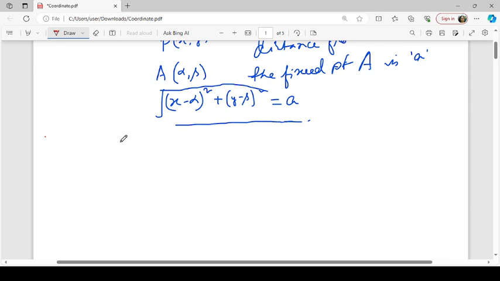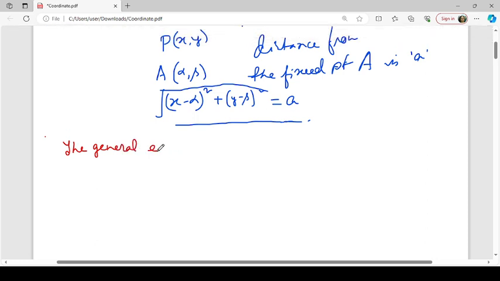So the general equation of first degree in x and y, in x, y meaning this is the two-dimensional coordinate, it is variable.